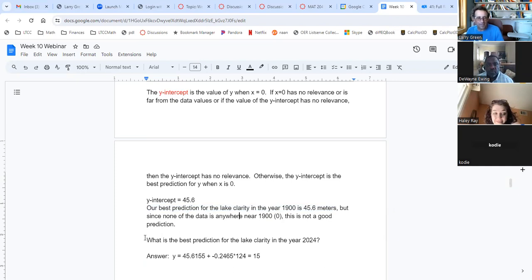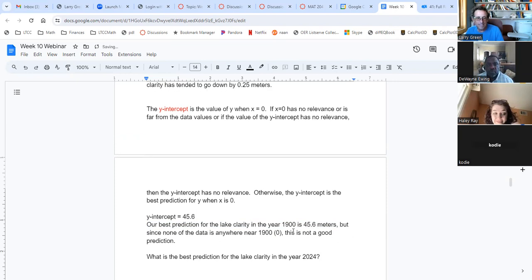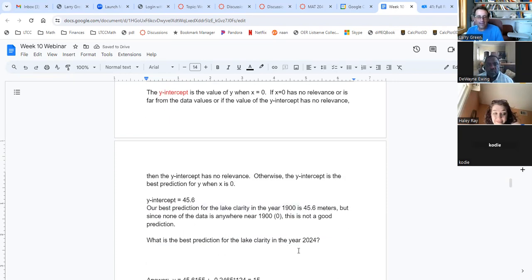So now the next thing we can do is say, well, what's the best prediction for the lake clarity this year? And that's the year 2024. By the way, the year 2024 is 124 years after 1900, right?